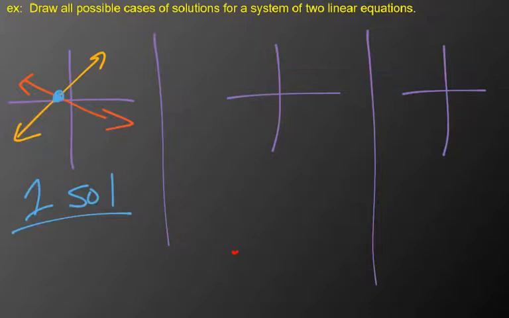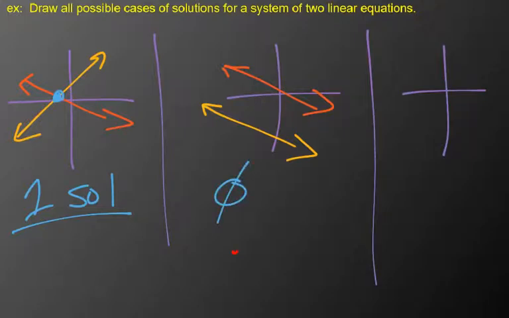It's one case. We could also have a line, and then a line that's parallel to it. In that case, there's no intersection, so there'd be no solution. And the last case is where you have a line, and then you have the exact same line again.